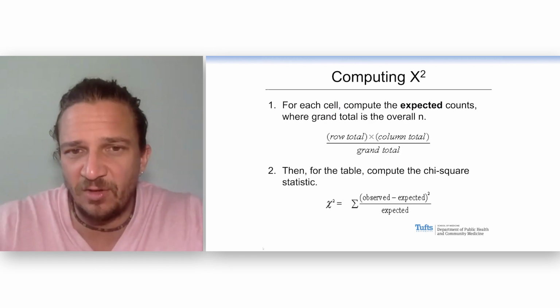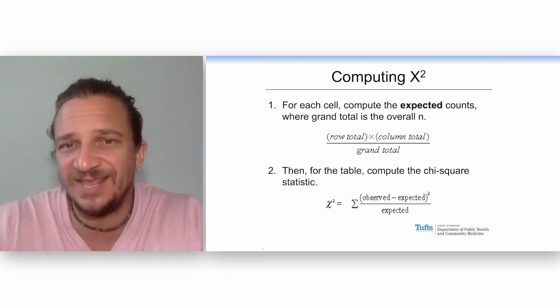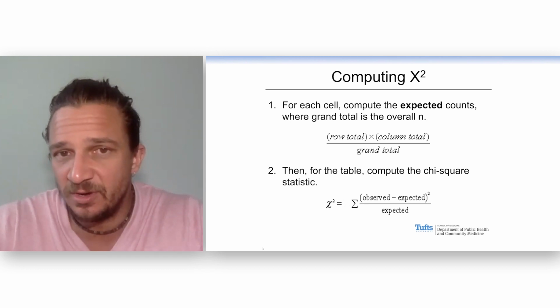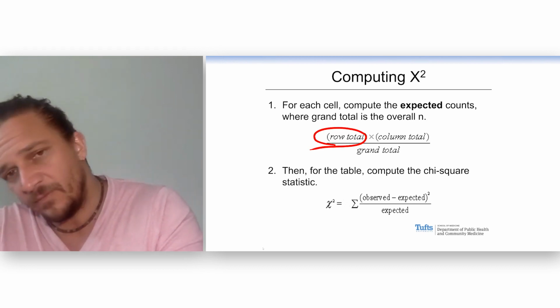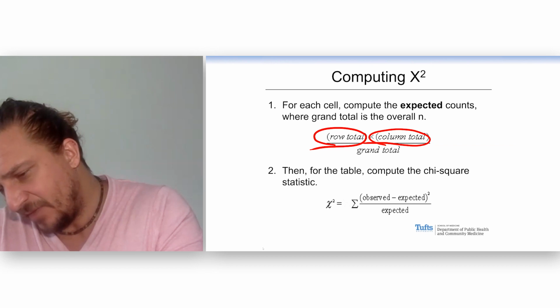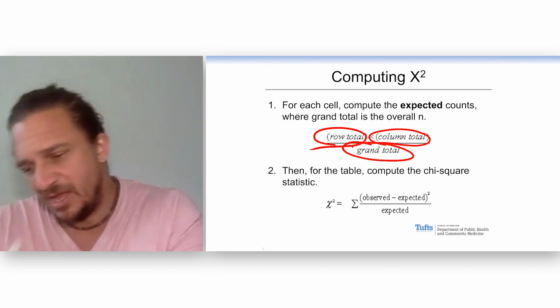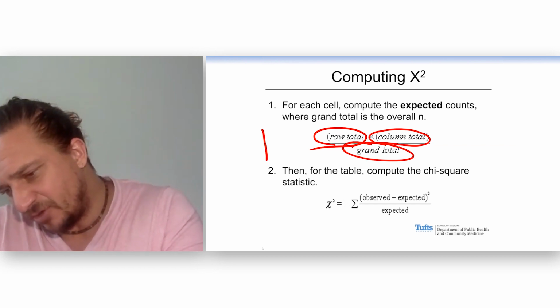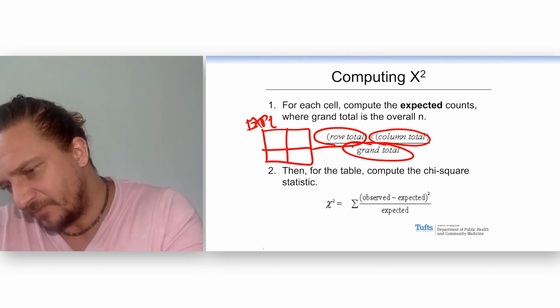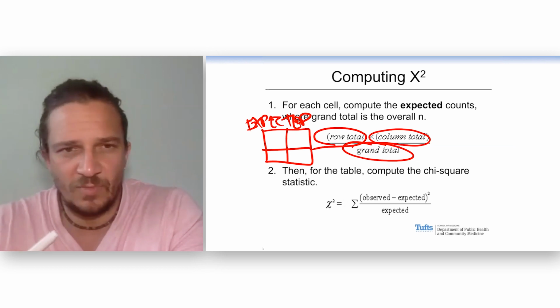For each cell, like we saw, you calculate the expected count: the total of that row times the total of that column divided by the grand total. For each individual cell, you will get an expected count. I'll just make up a number.